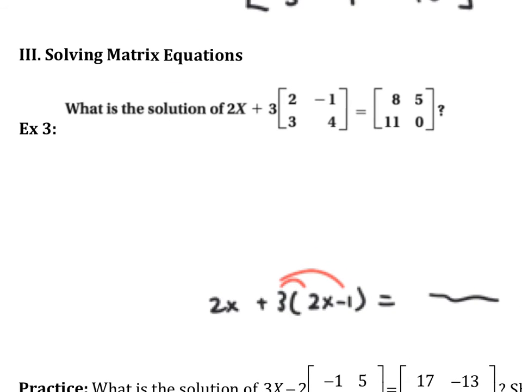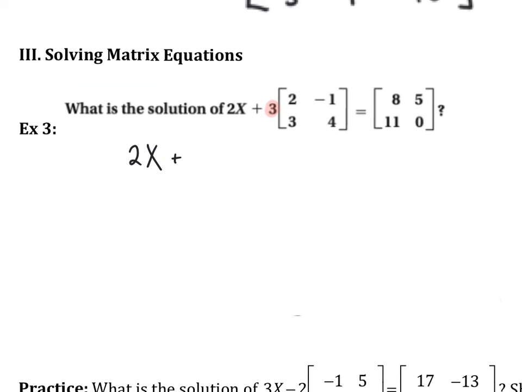I'm going to distribute essentially this scalar into the matrix there. So let's do that, our first step. So 2, and I'm going to use a capital X here, plus, and write this as a matrix, 6, 9, negative 3, 12.